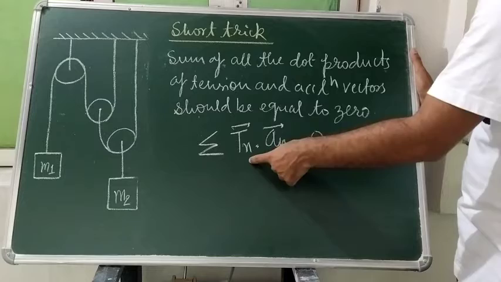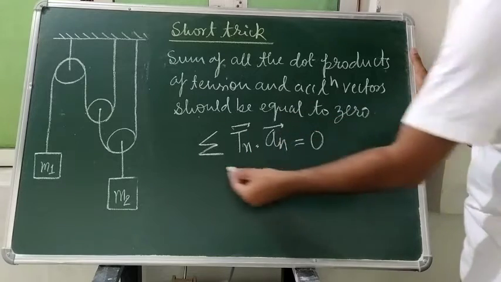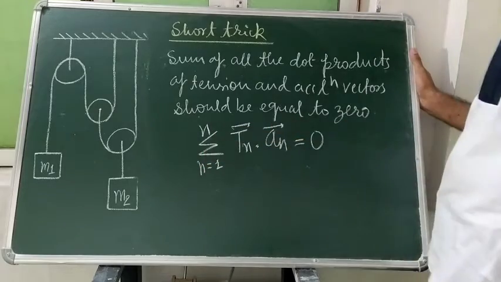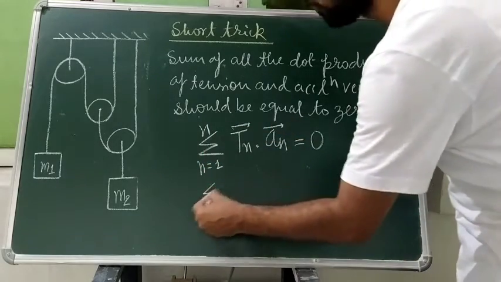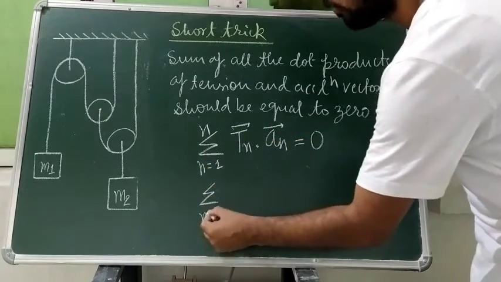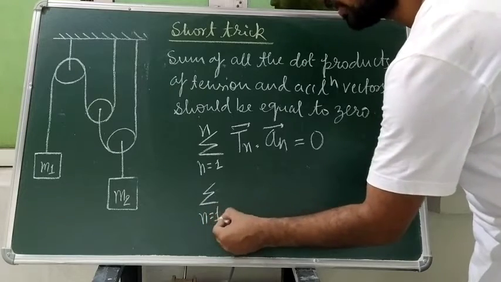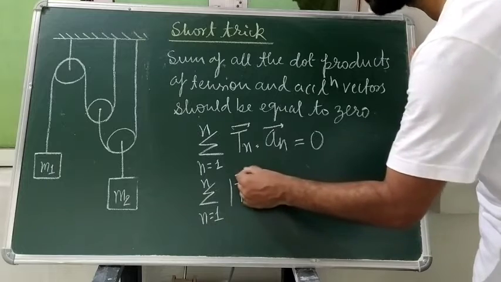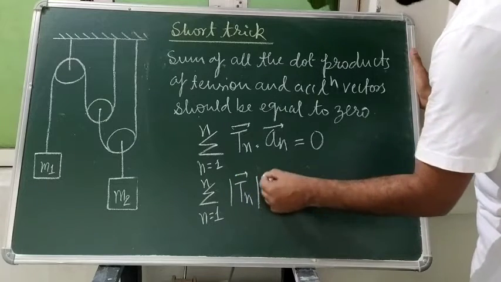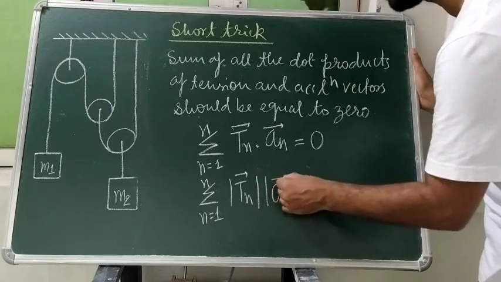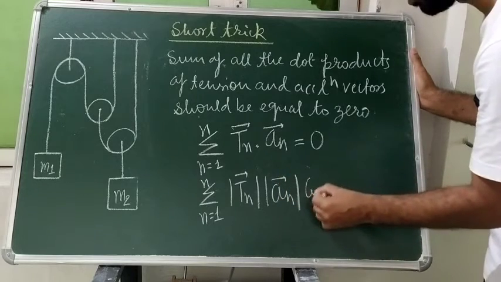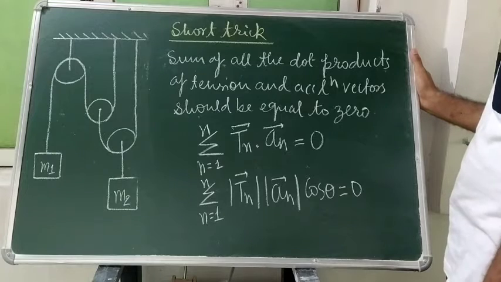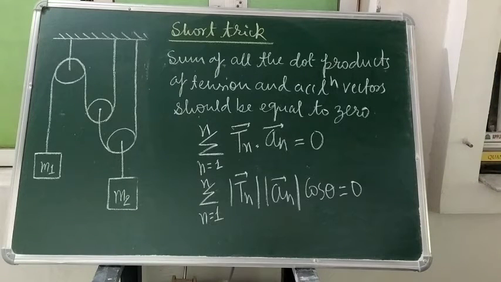When we remove the dot from the vectors, it becomes the magnitude of the tension vector multiplied by the magnitude of the acceleration vector times cos theta, which should be equal to 0. So this is our short trick.